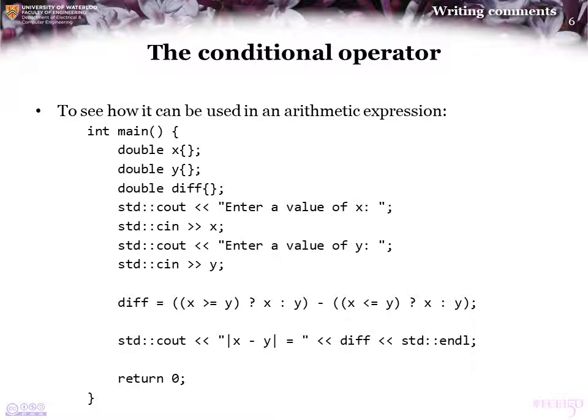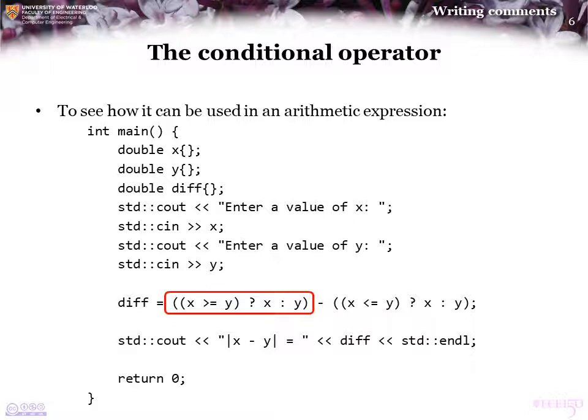To see how this may be used in an arithmetic expression, here I query the user for two values, x and y. What I'm going to do is calculate the absolute value of x minus y. So when I calculate diff, I first here have a conditional operator that calculates the maximum of x and y.